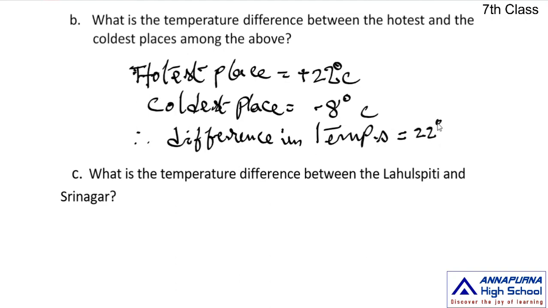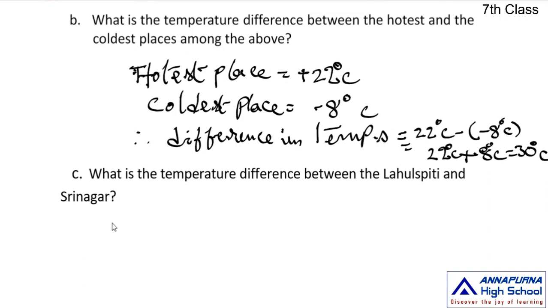Therefore 22 degrees centigrade minus minus 8 degrees centigrade. As you know, in subtraction we write the additive inverse of the integer to be subtracted. Here minus 8 is subtracted, so you write the additive inverse of minus 8, which is plus 8, and you add this additive inverse to the first one. Now this minus becomes plus. Now 22 degrees centigrade plus 8 degrees centigrade is equal to 30 degrees centigrade. Therefore the difference in temperatures is 30 degrees centigrade.